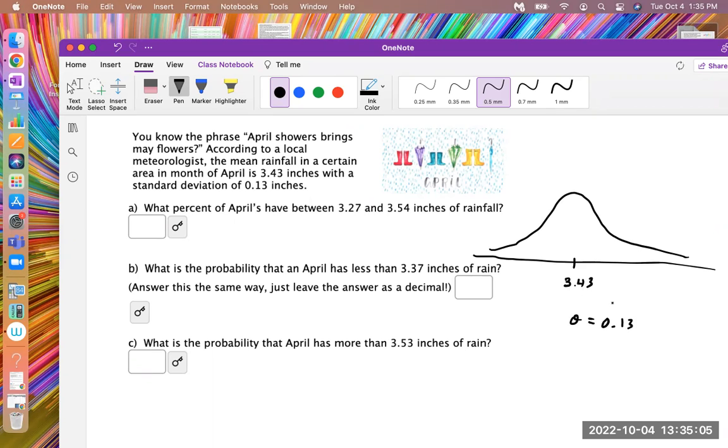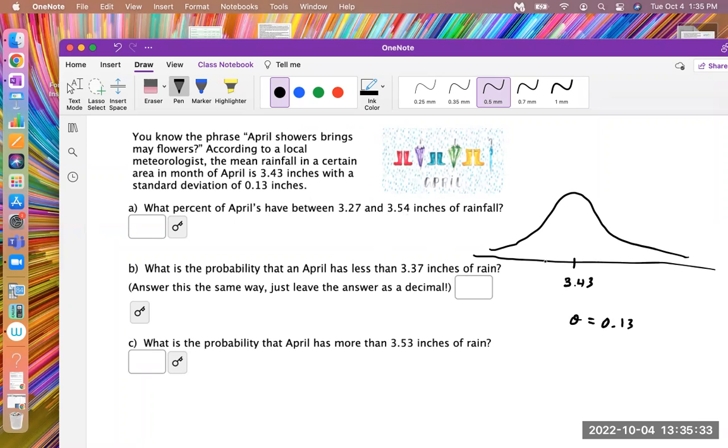And then they asked, what percent of April's rain is between 3.27 and 3.54. That's another way of saying what proportion of Aprils have this quality, that their rainfall is between 3.27 and 3.54.